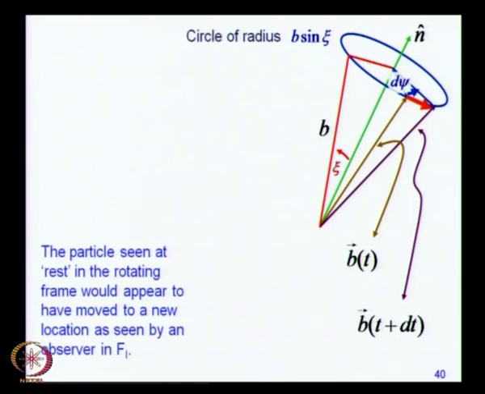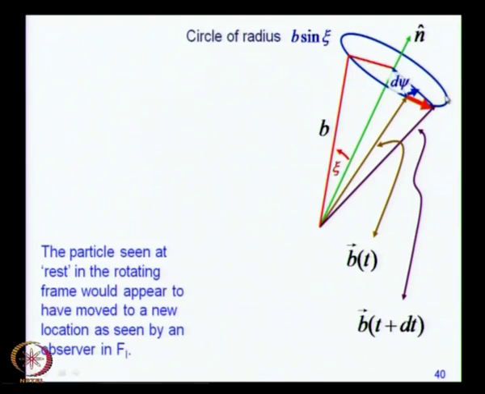It will appear to be static to an observer in the rotating frame, but to the observer in the inertial frame it would have seemed to have moved through this red displacement vector. So, this is the position B at a later time t plus dt, when this was the position at an earlier time t.